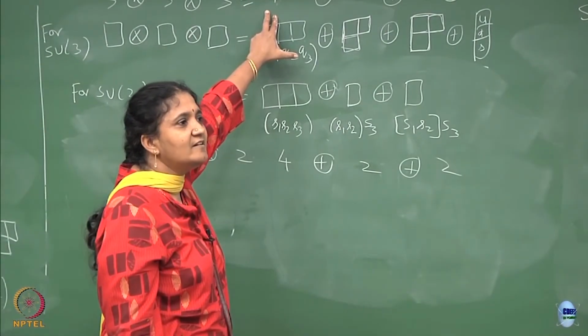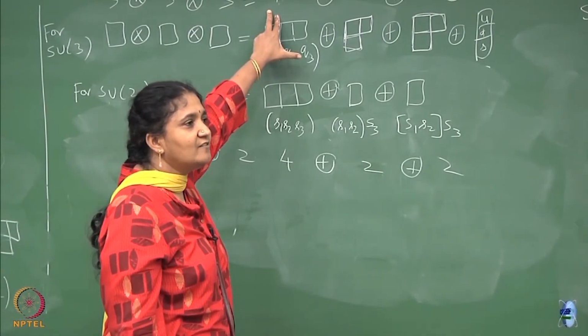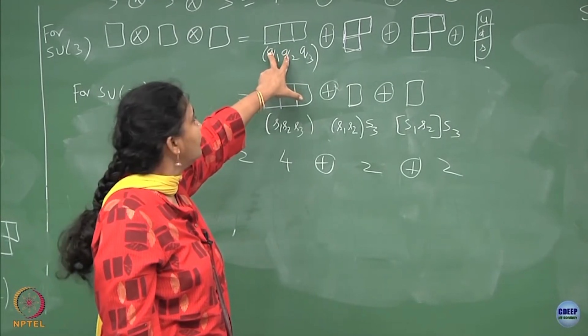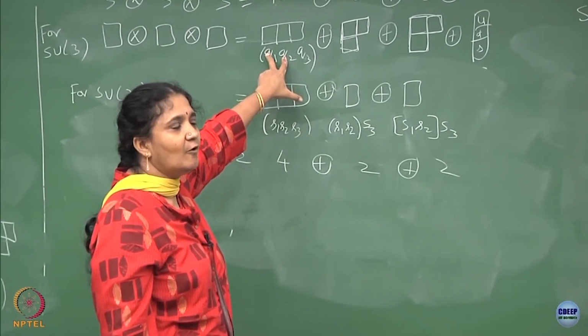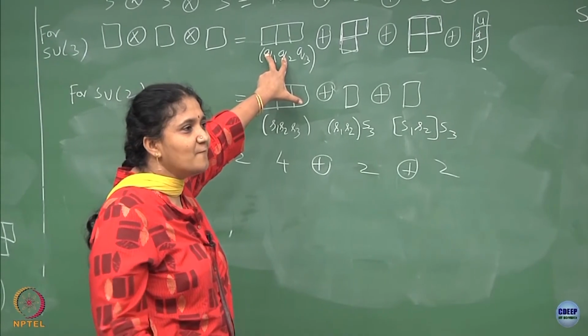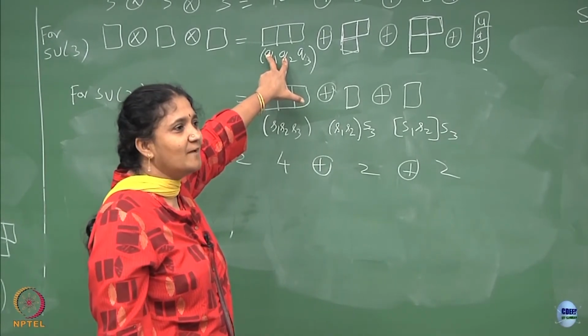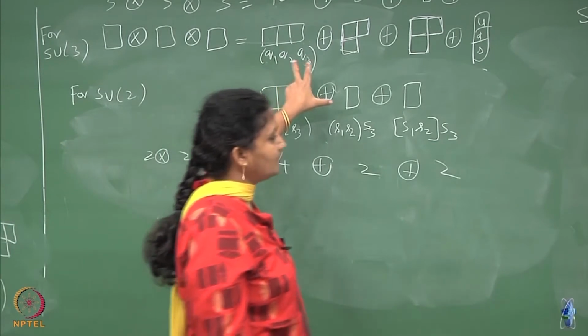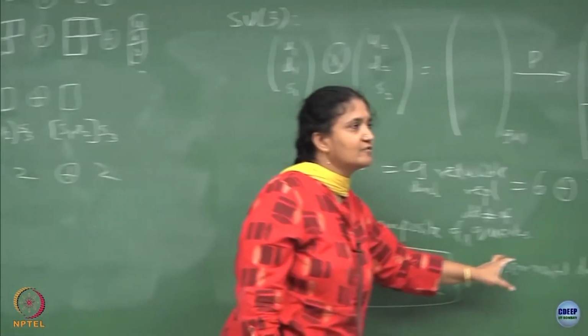Those 10 are the 10 states of the decuplet of spin 3 by 2 baryons. Why baryons? Baryons are the ones which are composites of 3 quarks.